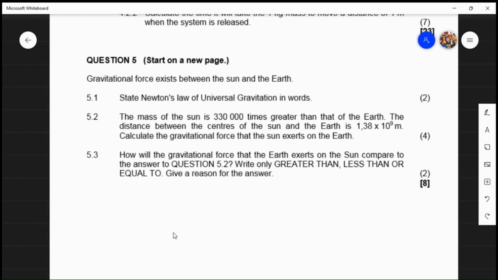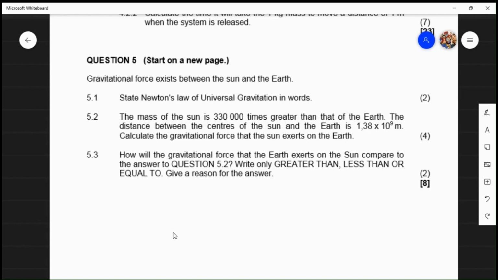And we need to state either greater than, less than, or equal to, and give a reason for our answer. So if you think back to Newton's third law of motion, which states that object A will exert a force onto object B, and object B will exert a force of equal magnitude onto object A. So it's an equal and opposite reaction force.